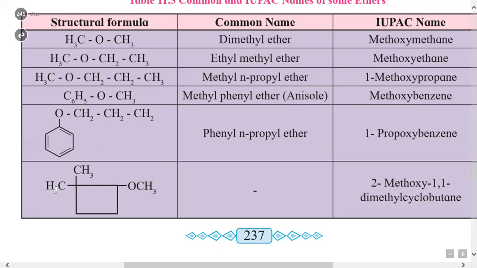The two side chain substituents are present, one at carbon number 1, and one side chain at carbon number 2. So at the second carbon the methoxy group is present, and at carbon number 1 there are two methyl groups, therefore 1,1-dimethyl, and the correct IUPAC name is 2-methoxy-1,1-dimethylcyclobutane.